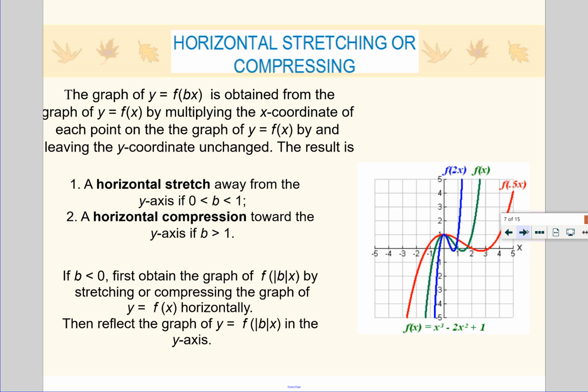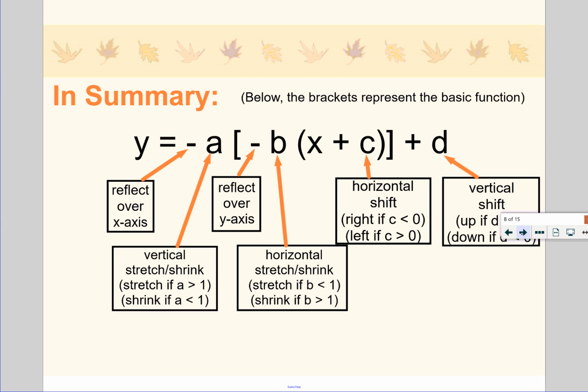All right. So what you need to write down, and I want you to do this on the back of your big idea worksheet, is this chart. These are all the rules that will tell us, based on what a function looks like, how that graph has transformed. The brackets here could represent any of our parent functions. So they might be a square root, and anything inside the brackets is a square root.